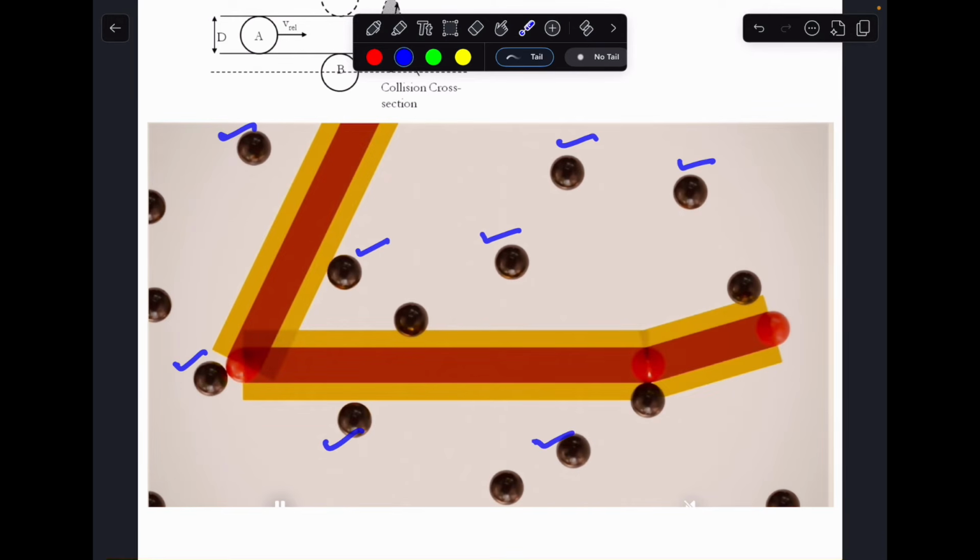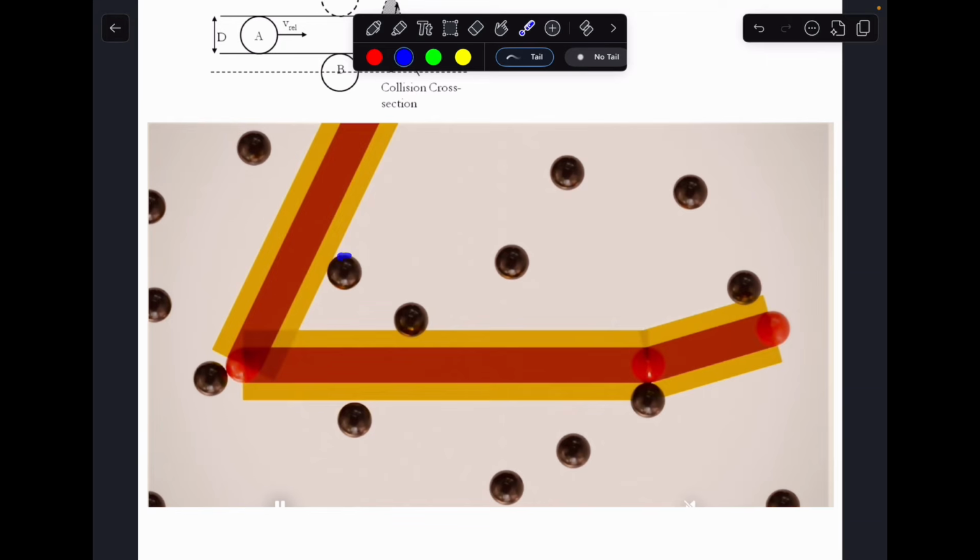For example, it started its journey here and it is moving like this. Whenever it is moving like this, this is not a collision cylinder. In fact, if you join these yellow lines, this is a collision cylinder. This is the gas molecule and this is the collision cylinder.